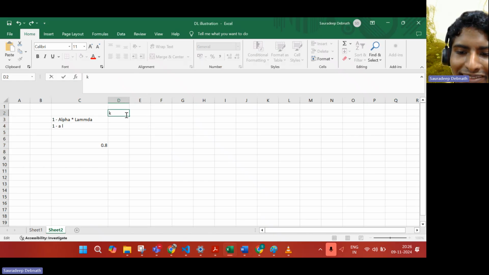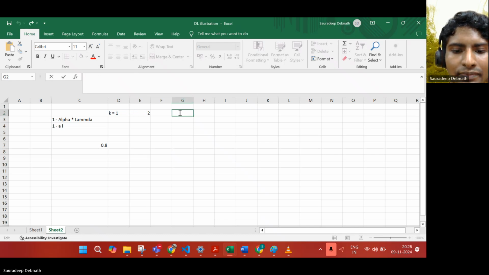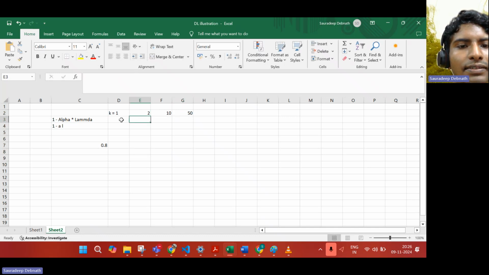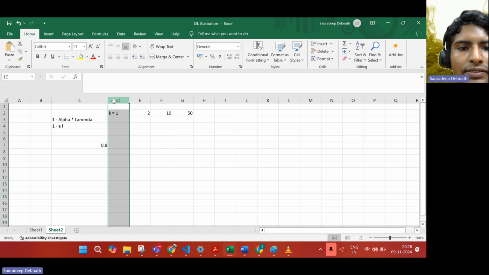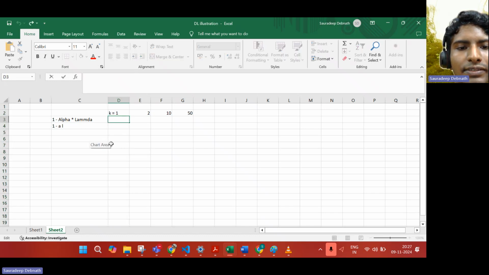I probably should have prepared this Excel earlier, but that's fine. Let's take k equal to 1, 2, 10, and 50, and suppose this value is 0.8. That would be one case.